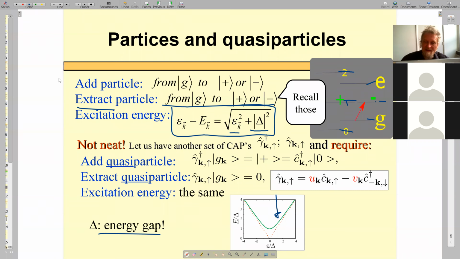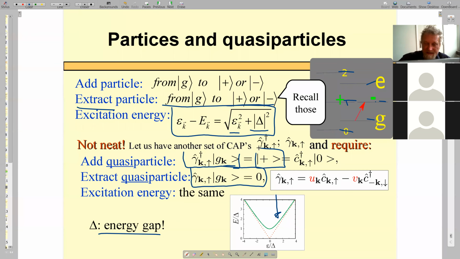So it has the following properties. It is 0 if you would like to extract a quasi-particle from the ground state, because there's no quasi-particle, there's no excitation over there. Right, so for us, it's a definition of the vacuum, if you remember. And if you add a quasi-particle with spin up, well, you go to a single electron state with spin up. That's logical.